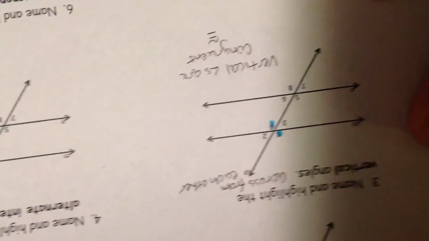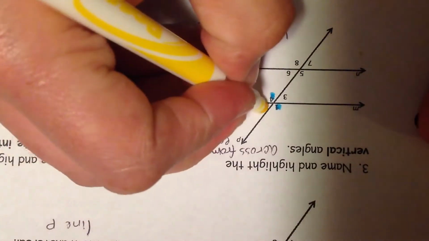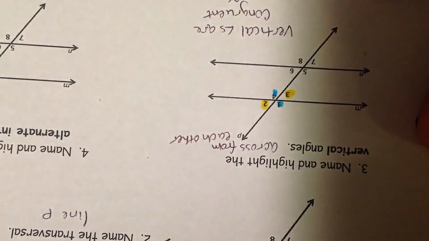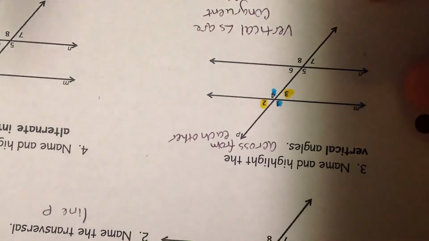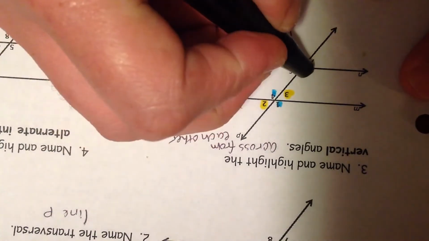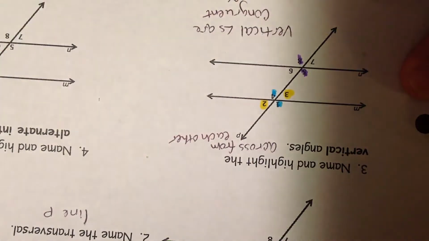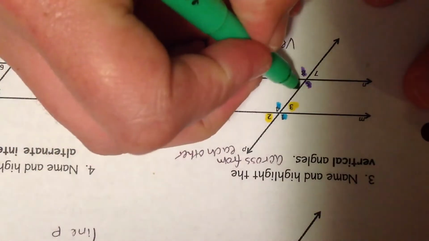It would be angle 2 and angle 3. Angle 5 and angle 8. And angle 6 and angle 7 in our picture.